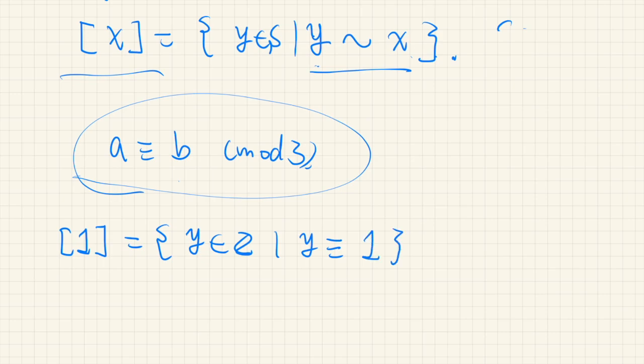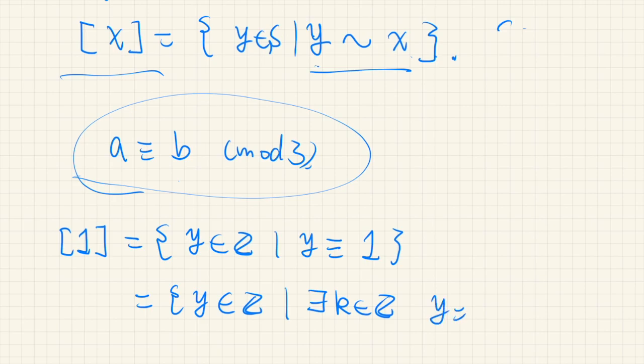So this is the set of all integers that have a remainder of 1 when divided by 3. That is, all integers such that there exists some integer k such that y is equal to 3k plus 1, right?